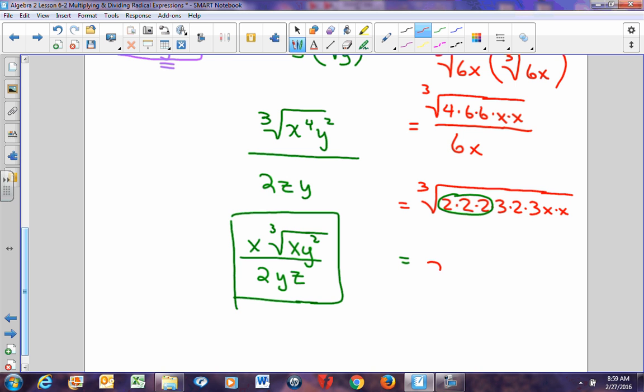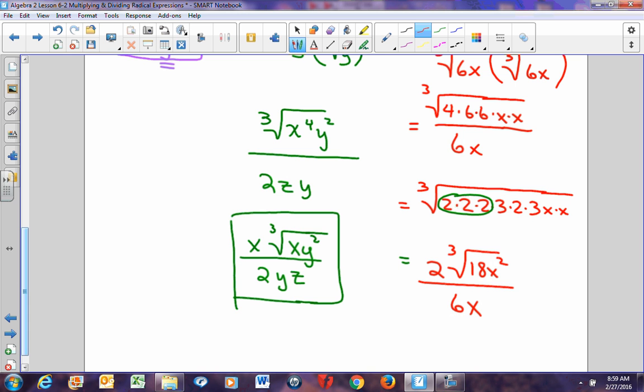Right here, 2 cube roots of 3 times 3 is 9 times 2 is 18. Right? So we're going to have 18 x squared all over 6x.